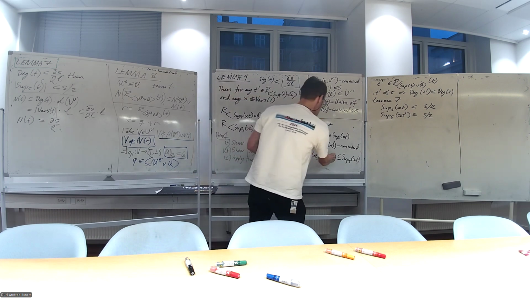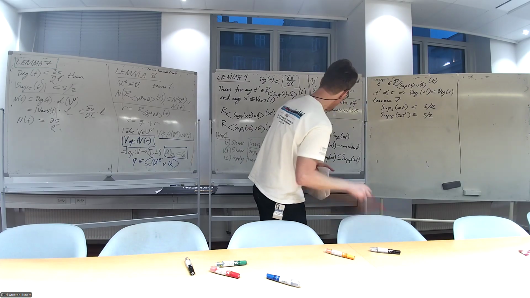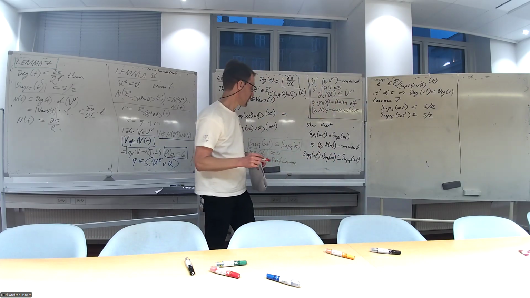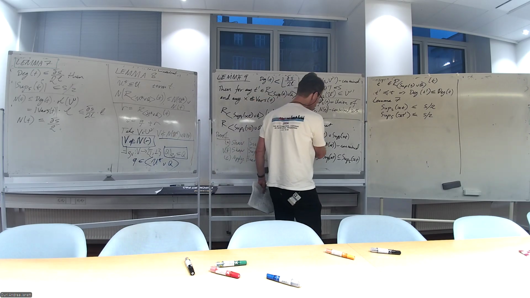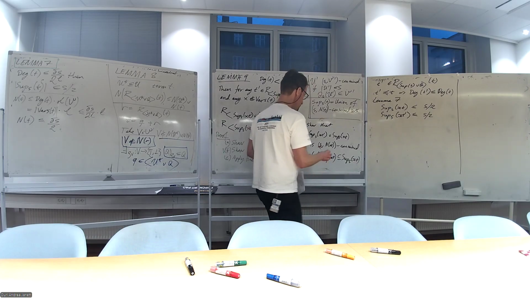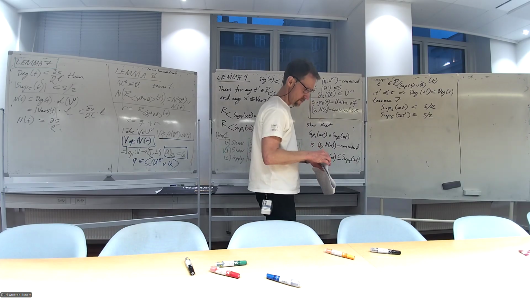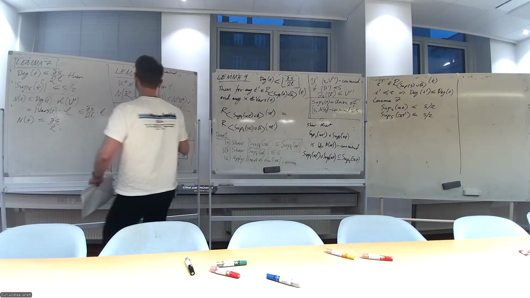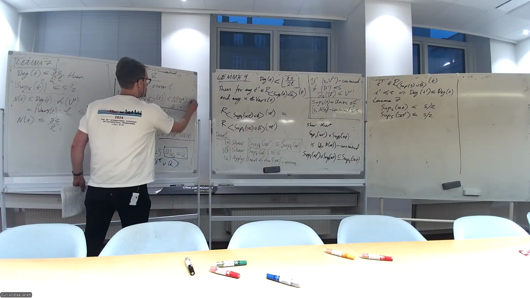So this means that this set has the right size. So all I need to show now is that the boundary of these guys is contained in the neighbor set of x t. And this is where I'm going to need this.